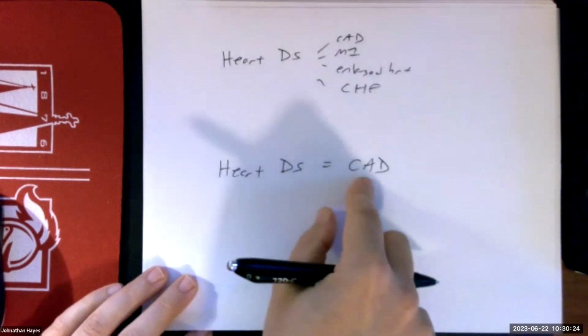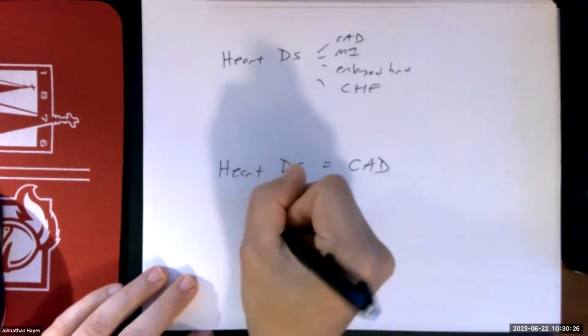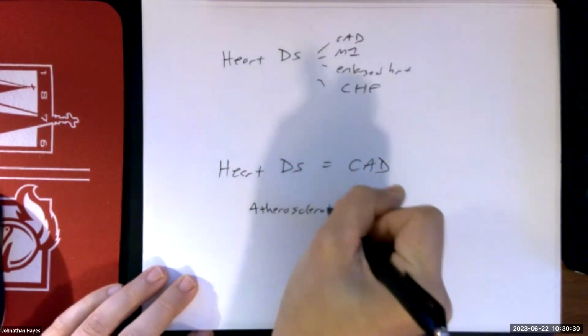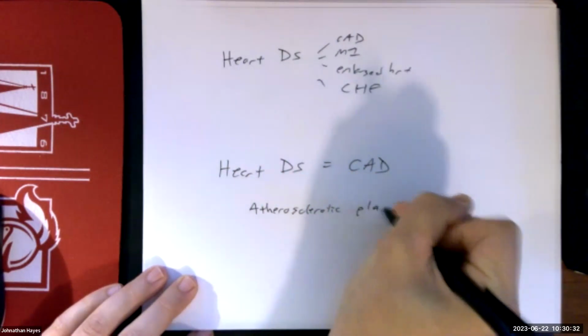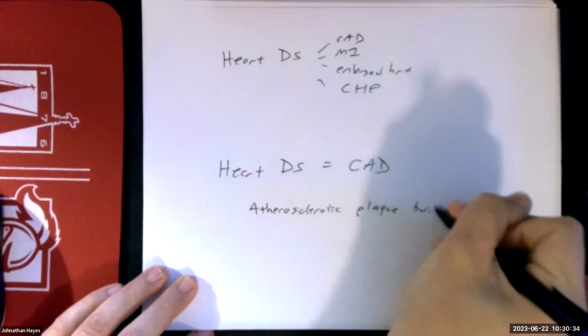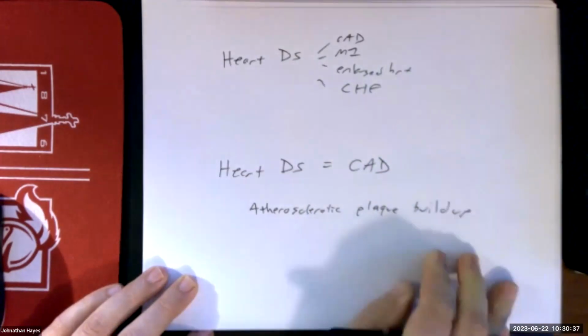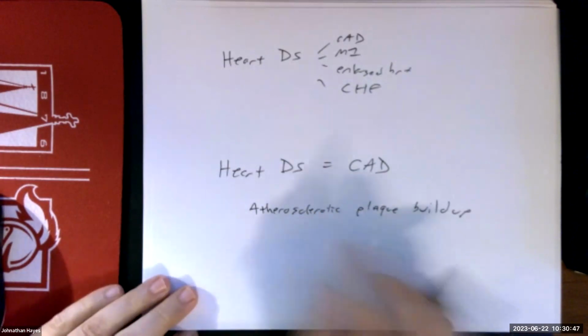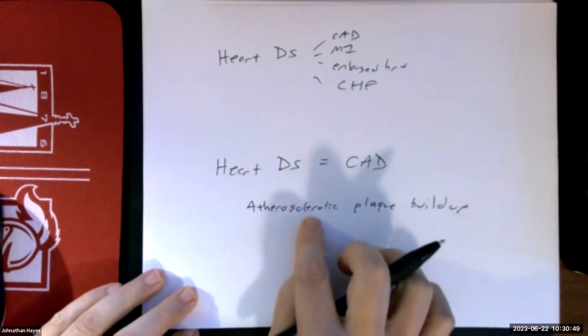The most common reason people get coronary artery disease is usually atherosclerotic plaque buildup of the coronary arteries, right? So atherosclerotic plaque buildup is just a fatty, hard plaque. So when you get into sclerosis, I know that sounds very similar to the word stenosis that we used earlier.